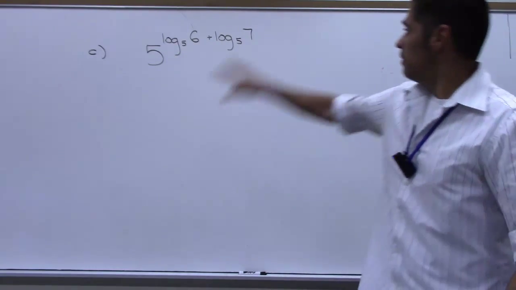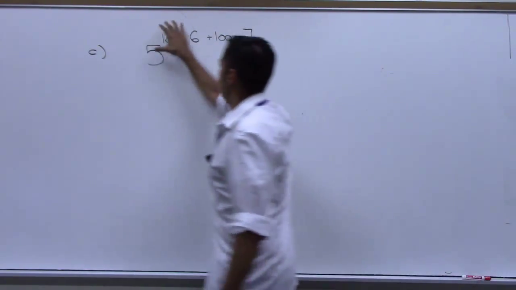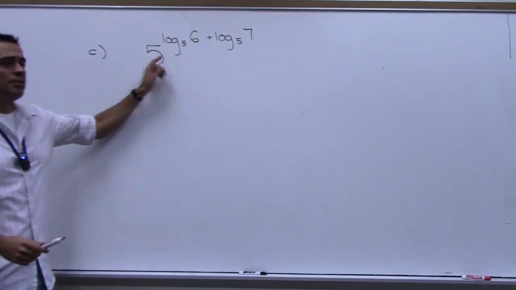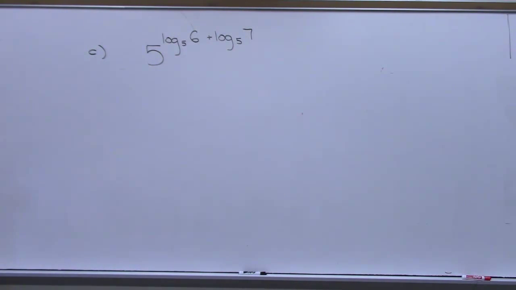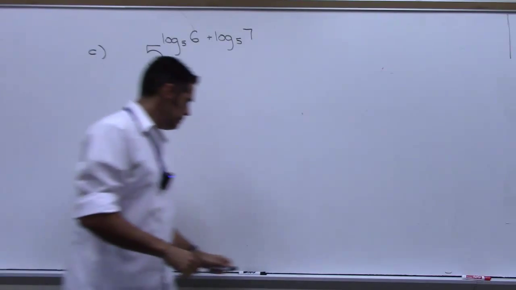So you see all that log stuff? All of this is in the exponent of the 5. So it's 5 raised to all of this. So any idea where we can go from here?